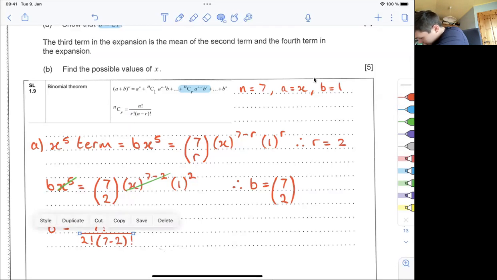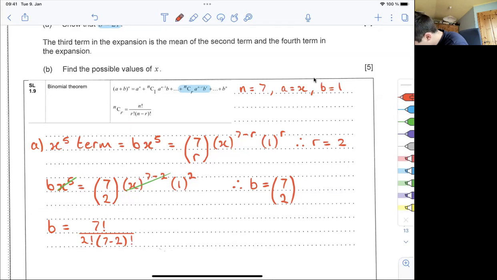If you're not familiar with what factorial means, 7 factorial, for example, is 7 times 6 times 5 times 4 times 3 times 2 times 1, and 2 factorial is 2 times 1.